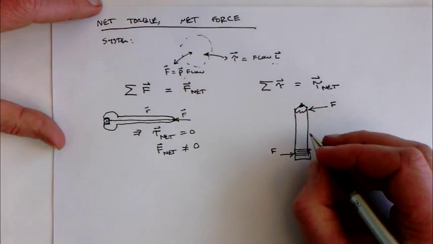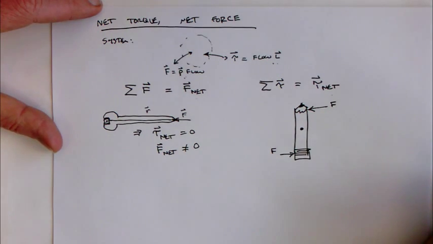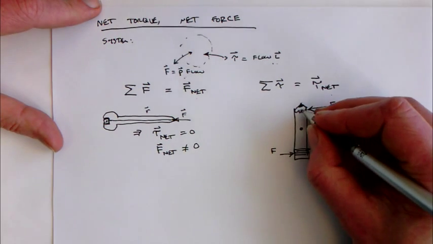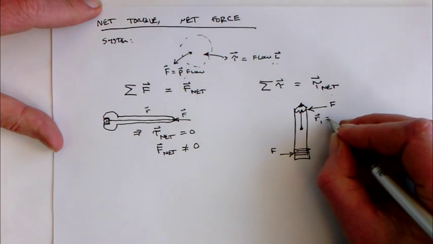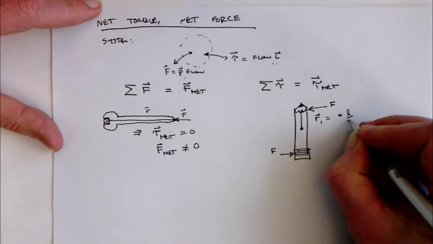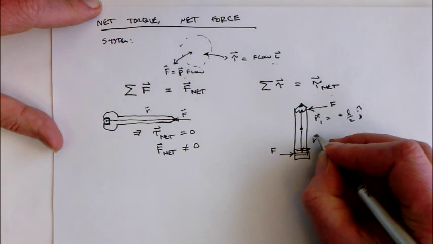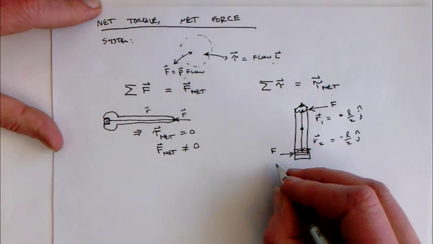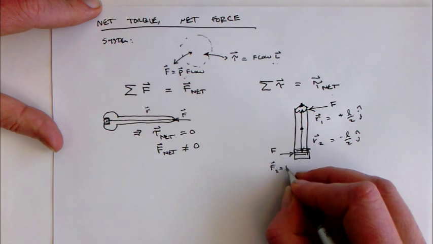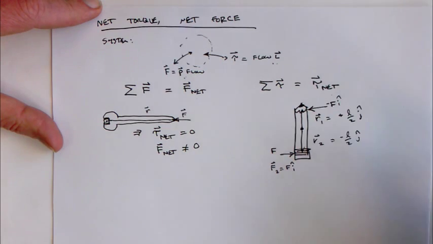Well, certainly if I choose the center of the pencil to be my origin, for the top force I've got a position vector that's plus L over 2 in the j hat direction. The position vector for the bottom force is minus L over 2 in the j hat direction. This force on the bottom is plus F in the i hat direction. This force on the top is minus F in the i hat direction.